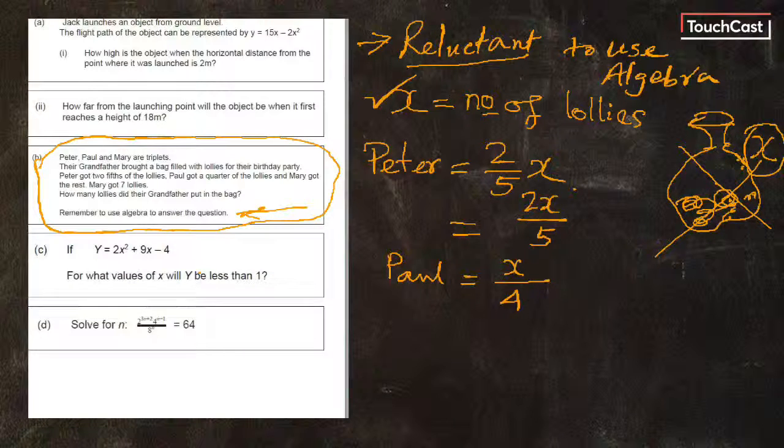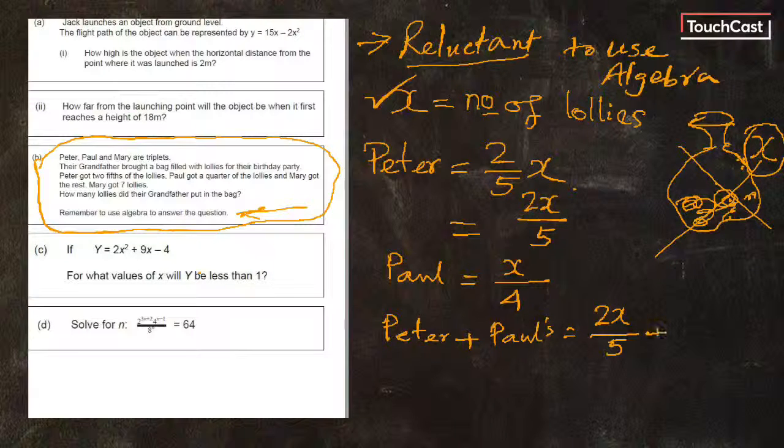Now, one other thing we can figure out: what is the added value of Peter and Paul's number of lollies? That's 2x over 5 plus x over 4.